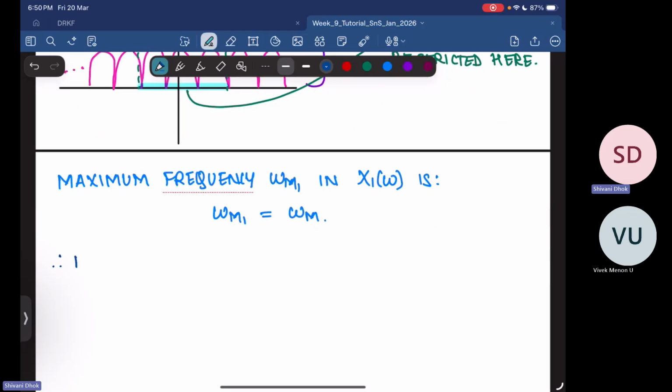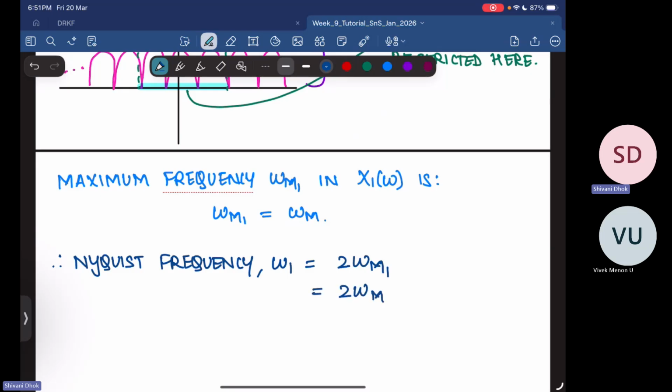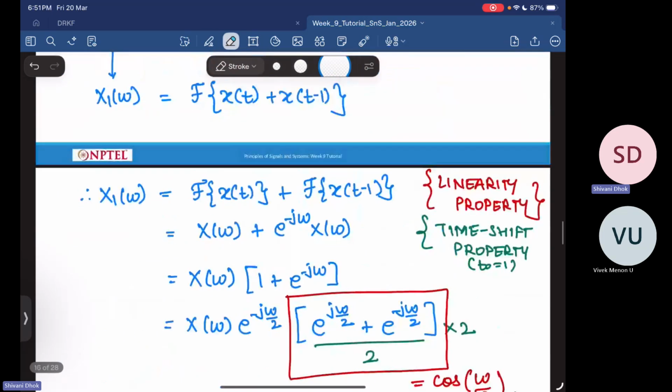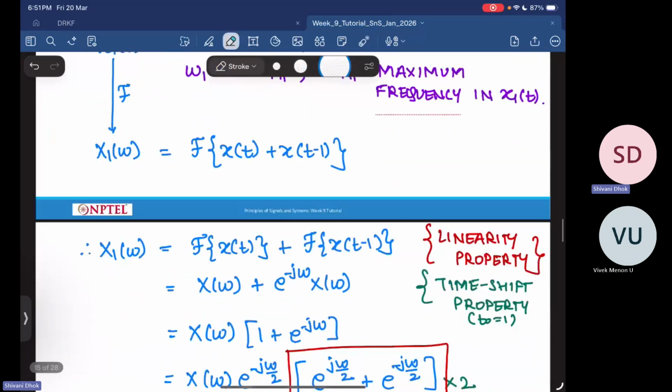Therefore, the Nyquist frequency omega 1 is equal to 2 times omega m1, which is equal to 2 times omega m, and we know that 2 times omega m is simply equal to omega naught.